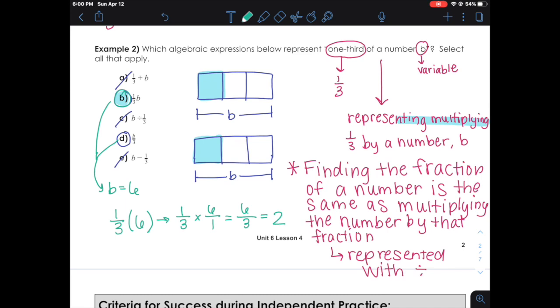Now I'm going to plug the same value in for the expression we had for D. So we had b over 3. So I'm going to put b, which is 6, over 3. Remember, fractions are miniature division problems. So 6 divided by 3 equals 2. So notice we get the same answer whether we're multiplying by 1/3 or dividing by 3.